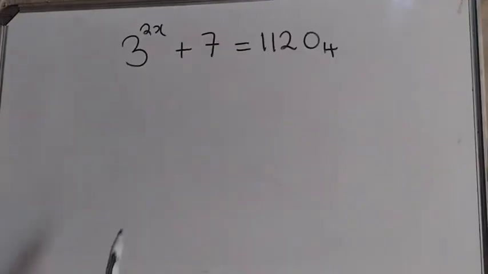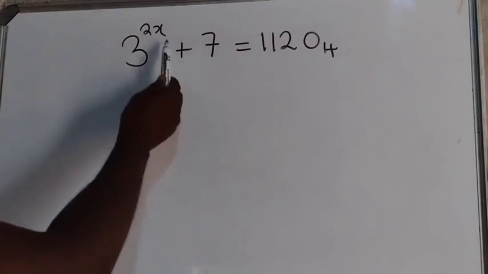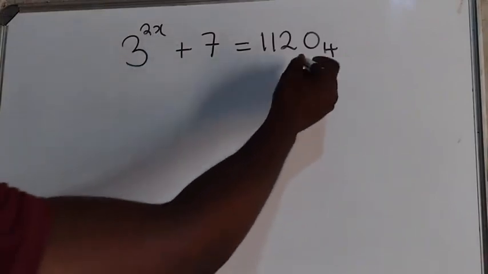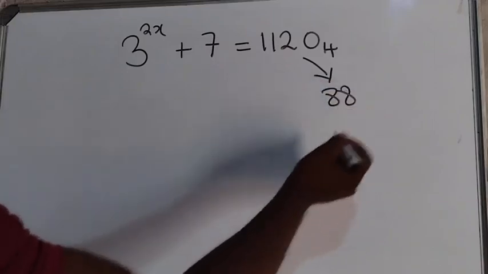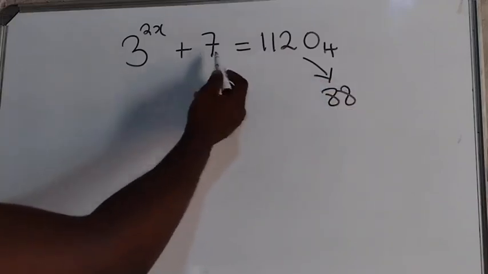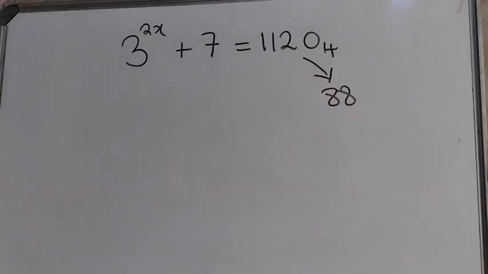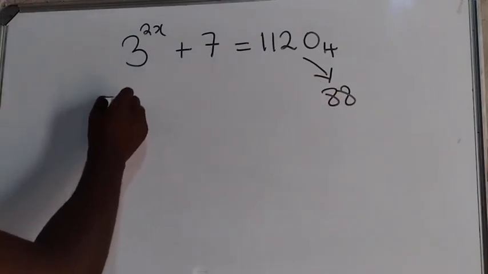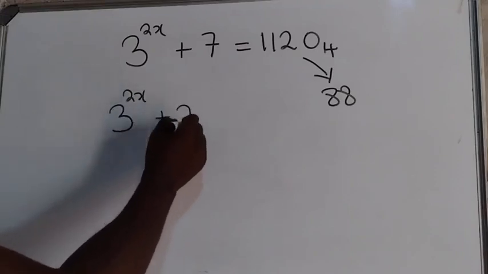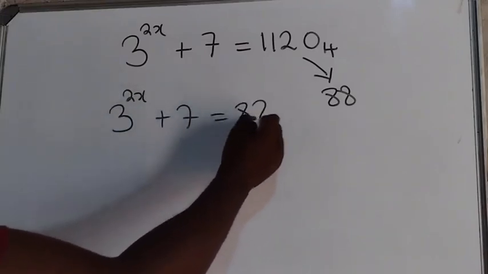Now we move on. So this was our question. We want to find the value of x. We have converted this from base 4 to base 10, which is 88. So we are going to rewrite this, equating it to this number, which is in base 10. So we write 3 raised to the power of 2x plus 7 is equal to 88.